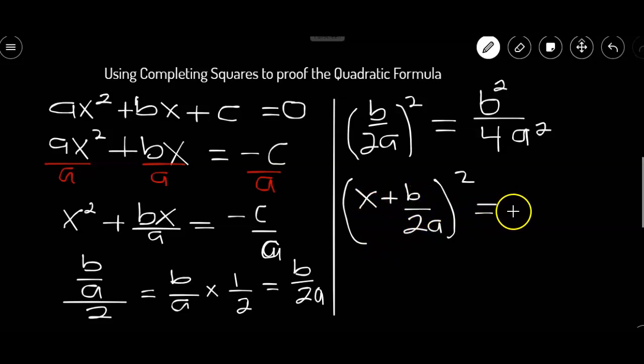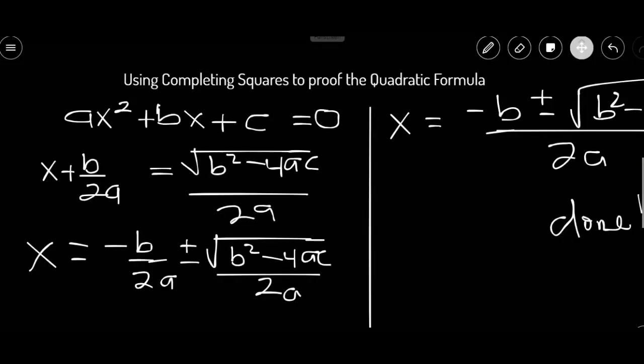Now, the right hand side, we are going to add this to the right hand side. So here we have negative c over a, and we are adding this to that side, which is b squared over 4a squared.